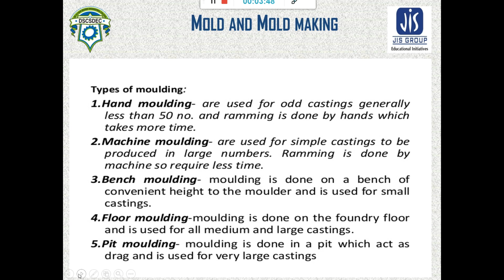I guess you have seen some concrete slabs, right? Those concrete slabs are made by using pit molding. In pit molding, the molding is done in a pit, and that pit acts as a drag, and it is used for very large castings.